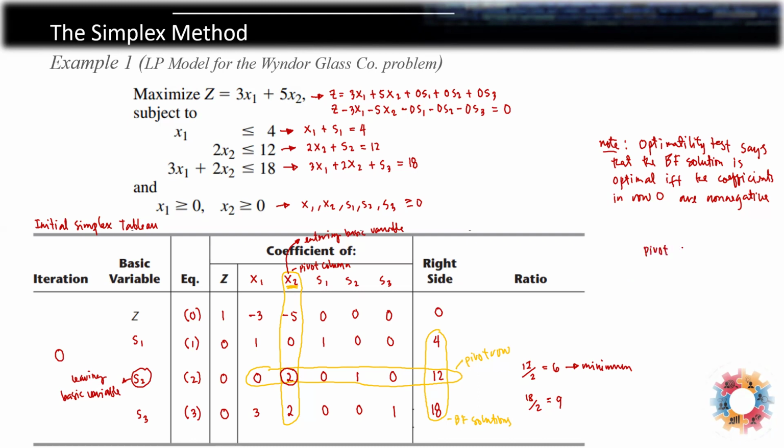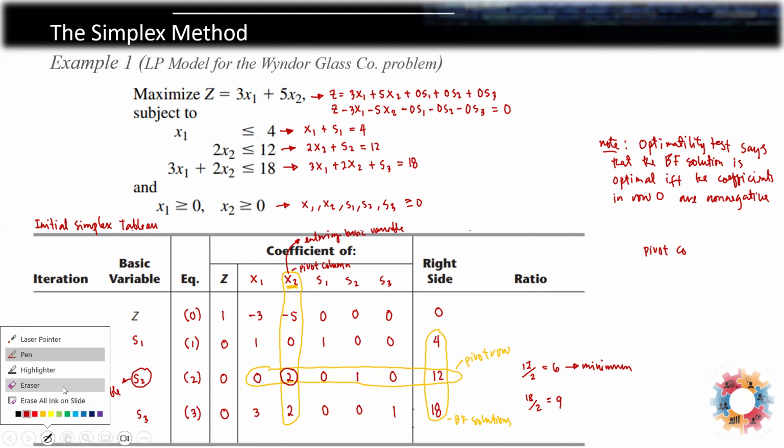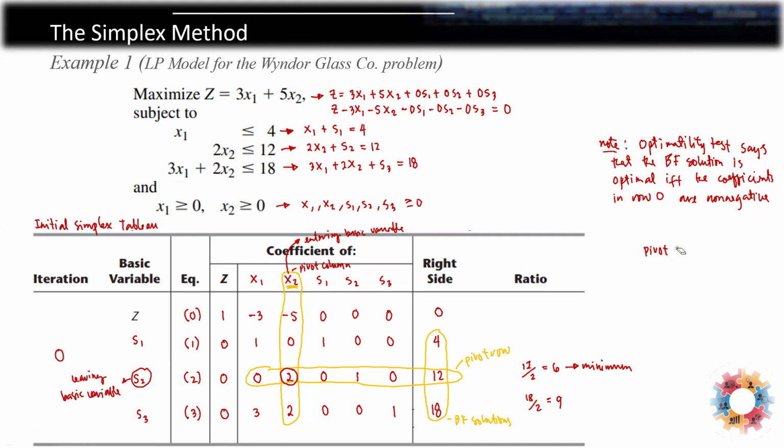We call that the pivot element. Okay, that's your pivot element. So the pivot element is 2, okay? And we take note of that, right?